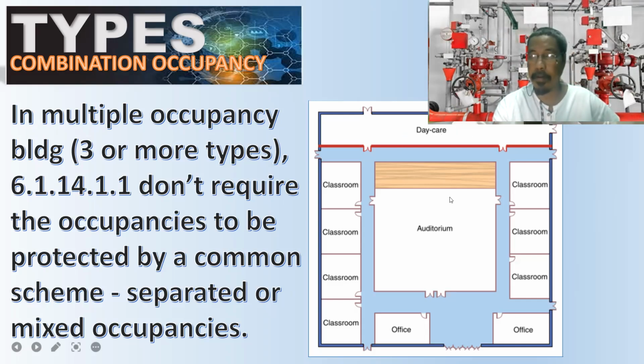We have auditorium at the center. So we have a red line here, which means that fire-rated material is used here in order to make the means of egress safer.